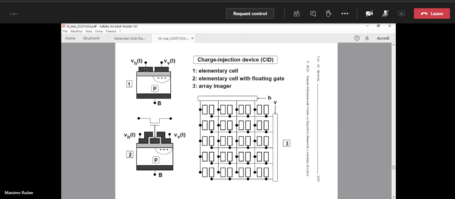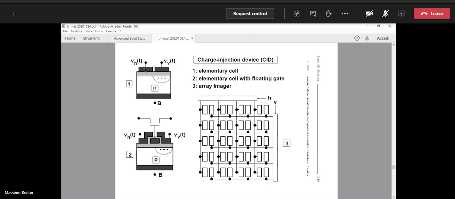Qualitatively, we have four possible combinations of voltages, okay? One combination is the one visible in part one of the figure. That is, the voltage on the right is high and the voltage on the left is small.